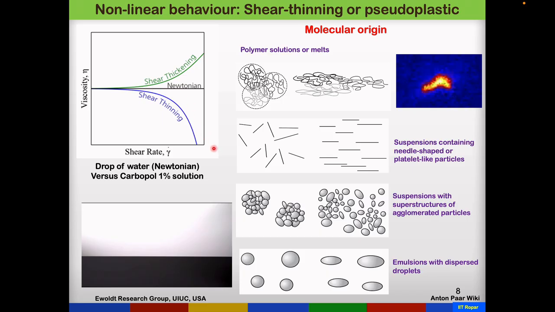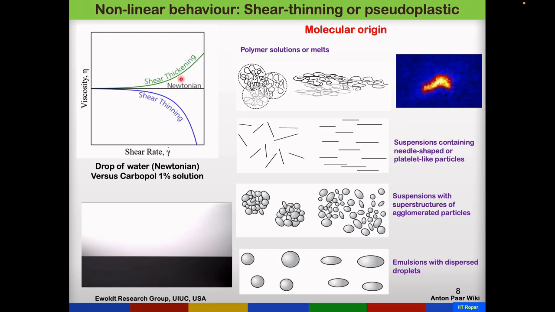For a Newtonian fluid, the viscosity will remain constant and will not depend on the rate of deformation, here the shear rate. In the case of a shear thickening fluid, exactly the opposite trend happens, where the viscosity increases as we increase the shear rate.